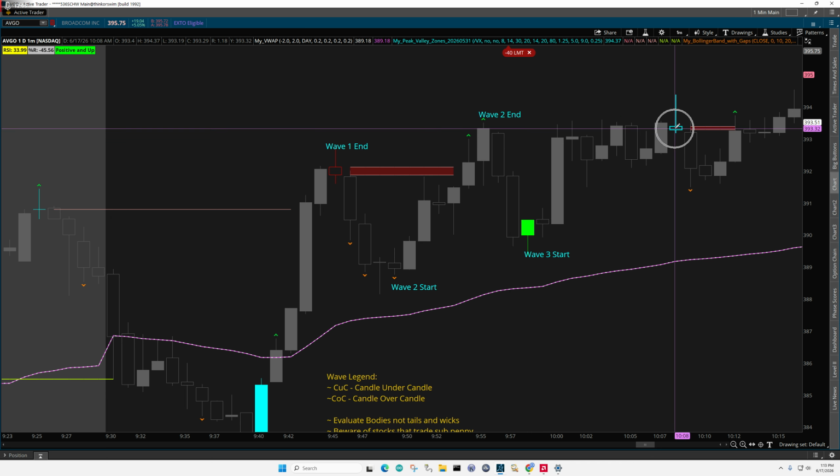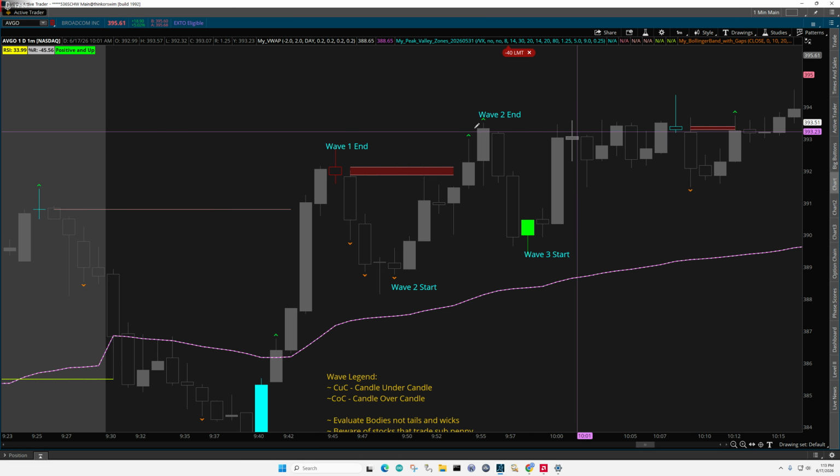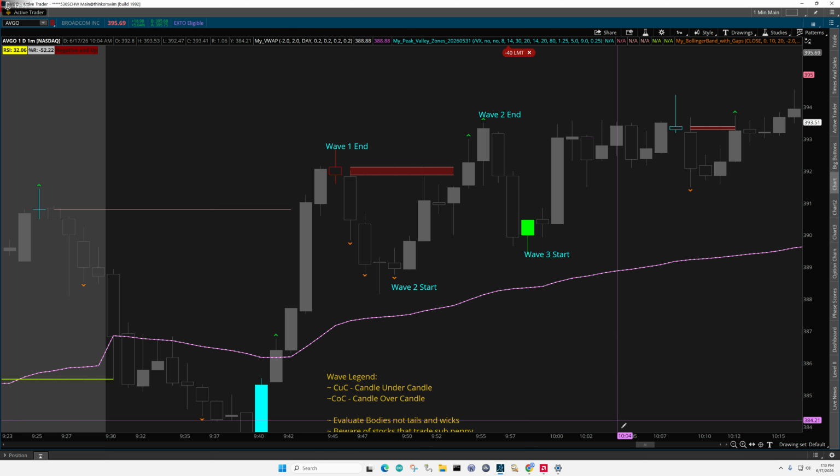Let's look at this blue doji. It opens at 393.4 and it closes down at 393.29. So this is 393.33 close. This close is 393.29. So those candles are intersecting by 4 cents. That is not the wave 3 high, because it's not a candle body printing clearly above wave 2. So we're going to keep going right.